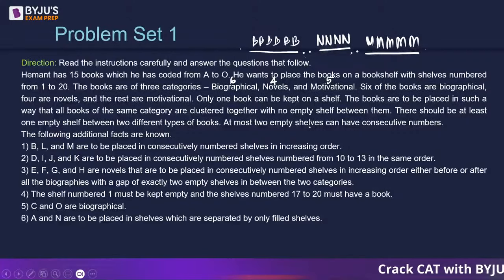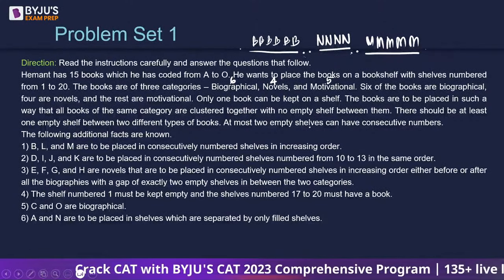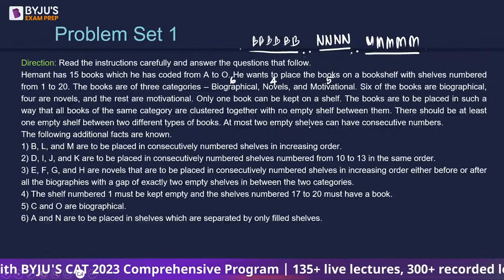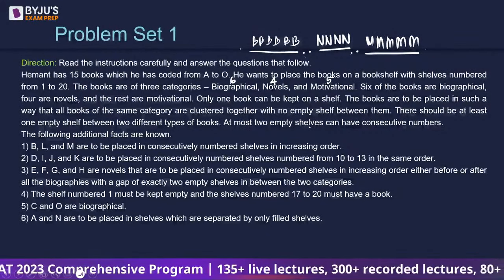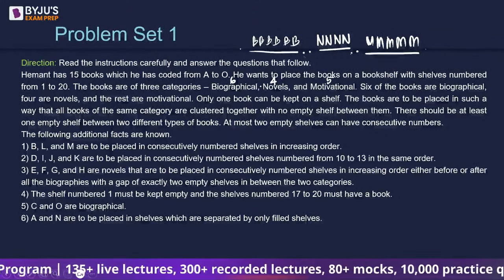The following additional facts are known. BLM are to be placed in consecutively numbered shelves in increasing order. DIJK to be placed in consecutively numbered shelves from 10 to 13 in the same order, and so on and so forth. So we don't have to read additional statements. We have to simply understand how we are going to depict the representation.